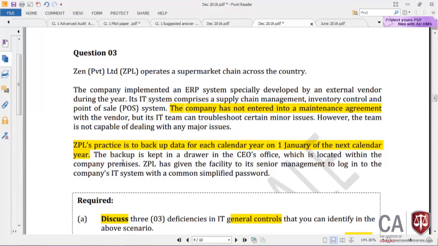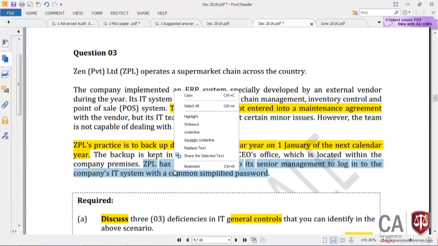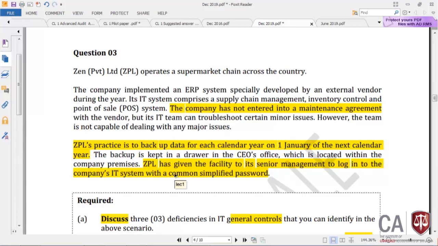And the third one, ZPL has given the facility to its senior management to log into the company's IT system with a common simplified password. It is happening in most of the companies sometimes.